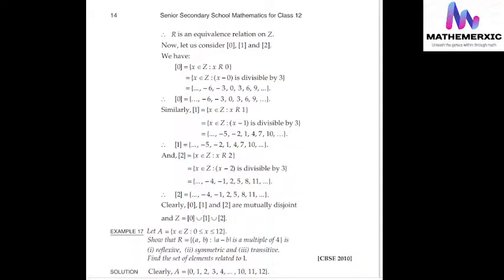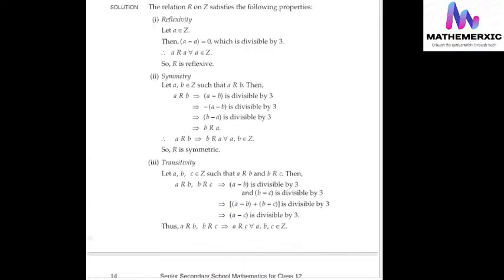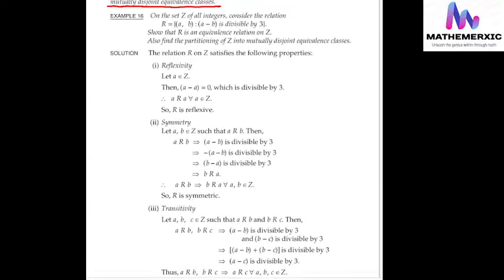Similarly for [1], we have minus 5, minus 2, 1, 4, 7, and similarly the other cases. Clearly these are mutually disjoint, and Z is equal to [0] union [1] union [2]. We may have to revisit this whenever required.